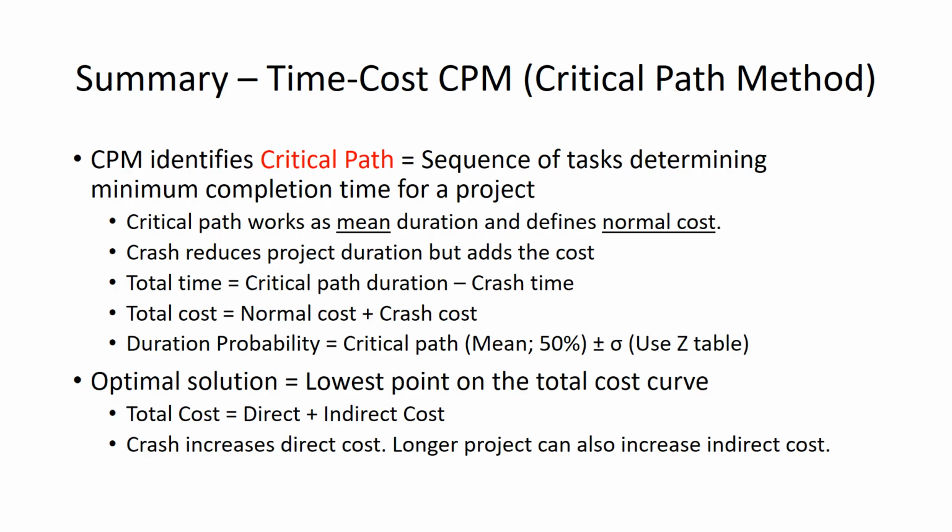Total cost is the direct plus indirect cost. Crash increases direct cost to reduce the spent time by adding more labor or paying overtime. And as for indirect costs, a longer project than expected can also increase it.